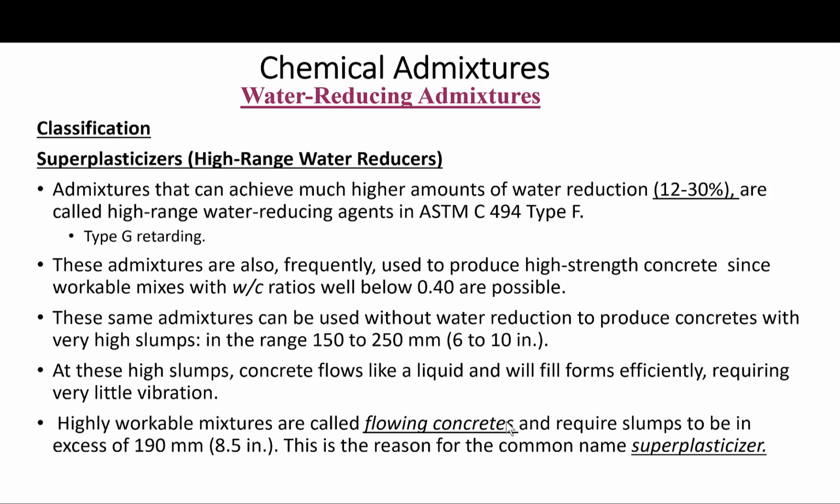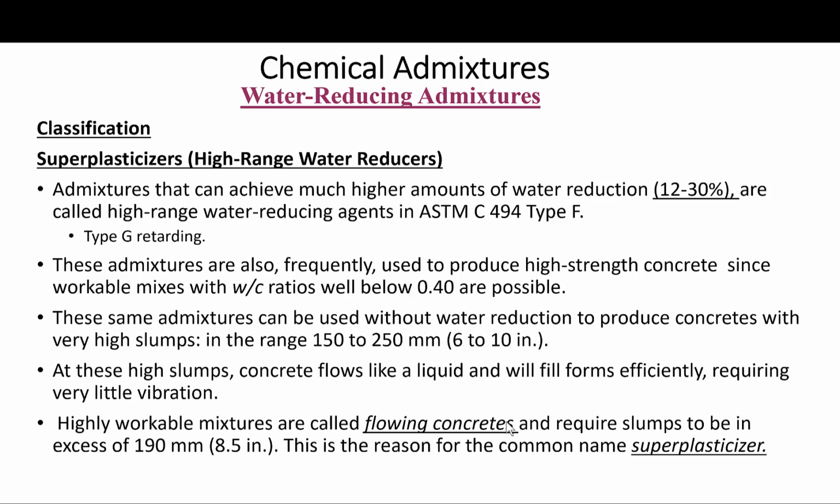So these same admixtures can be used, without reduction in water, to produce concrete with very high slumps in the range of 150 to 250 mm. At these high slumps, concrete flows like a liquid and will fill the forms efficiently, requiring very little vibration. I know, it works like magic, really.